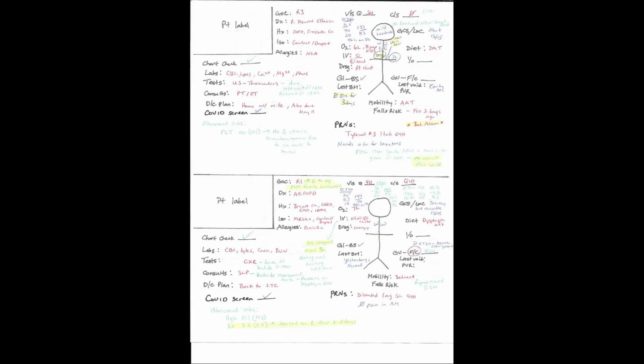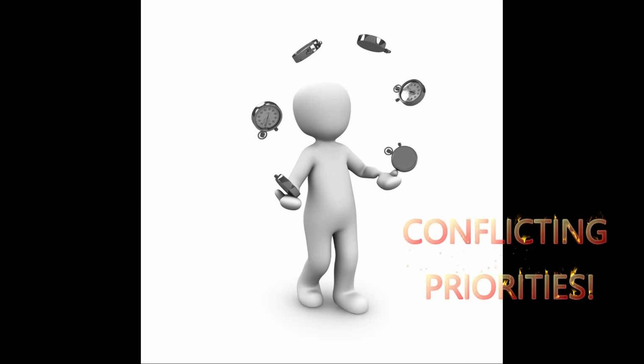So this is how I use the worksheet to prioritize care. A lot of the skill of bedside nursing is about prioritizing and juggling conflicting priorities. The worksheet really helps to have a broad overview of your workload so that you can make better decisions. For example, one patient needs to be prepped for a test, another needs insulin with breakfast, another needs dressings done, another needs an IV restarted so that I can give her antibiotics.